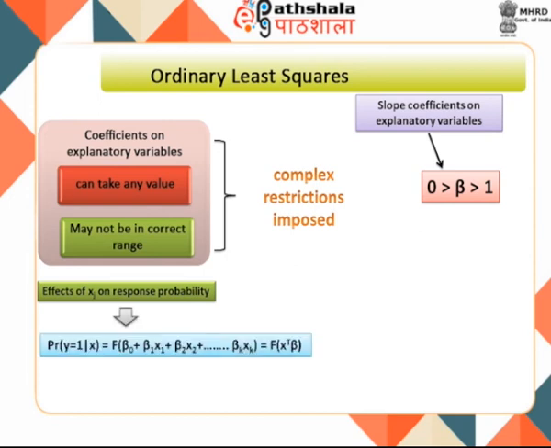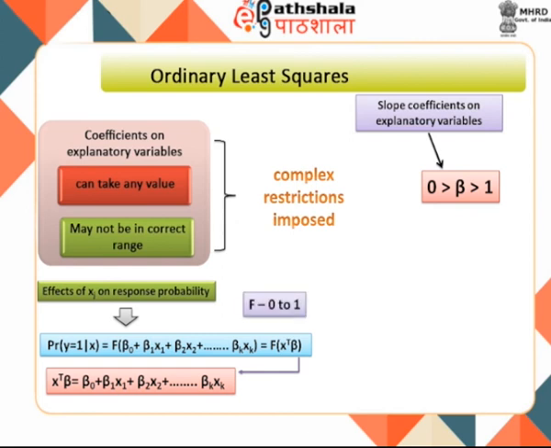Probability of y = 1 given x is equal to f(beta0 + beta1 x1 + beta2 x2 + ... + betak xk) = f(x'beta), where x'beta is equal to beta0 + beta1 x1 + beta2 x2 + ... + betak xk, and f is a probability function that gives values between 0 and 1.